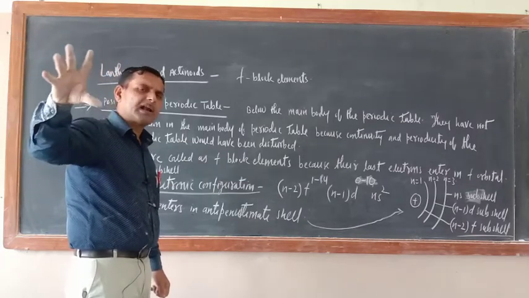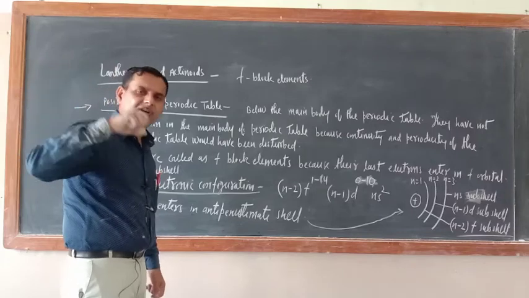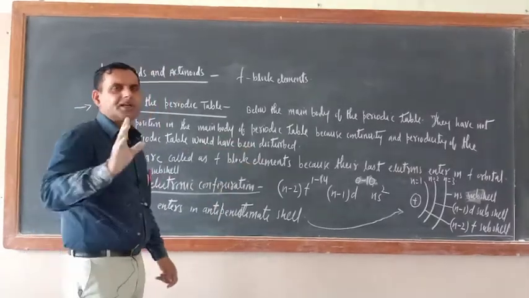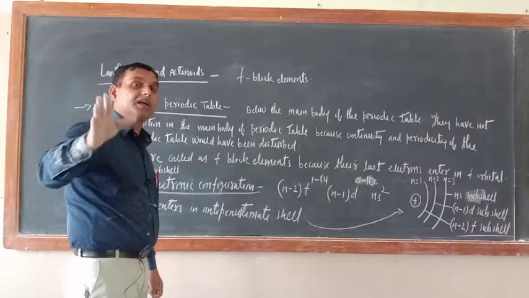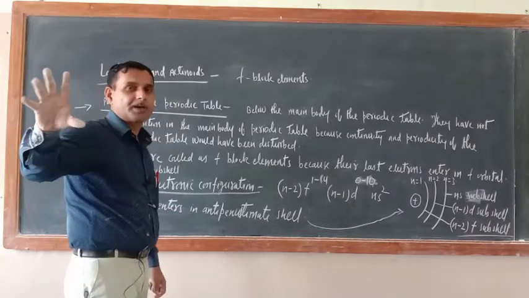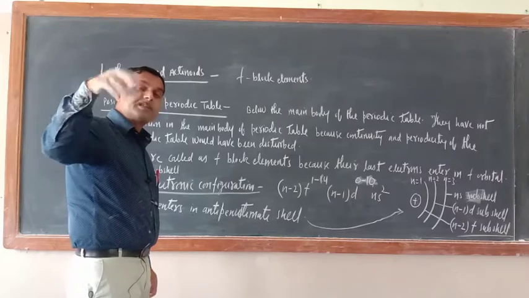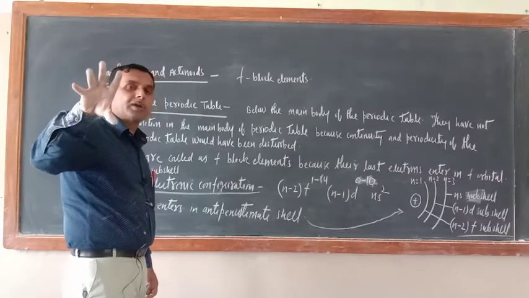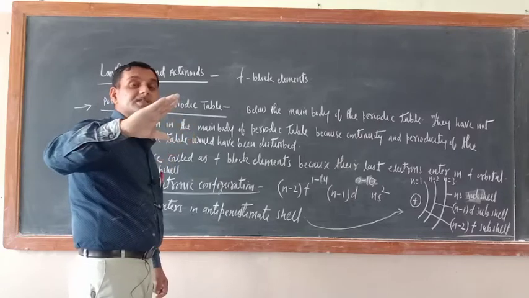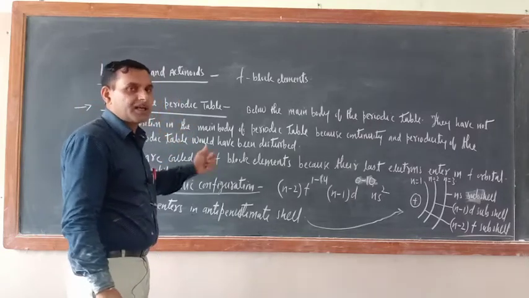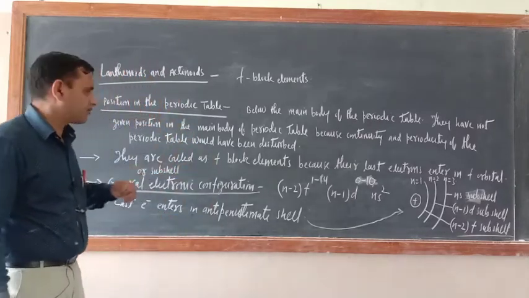They have a lot of variation. Continuity is not there in their properties. Elements which are given place in the main body have regular trends in change in their properties. Here regular trends are not there, that is why.